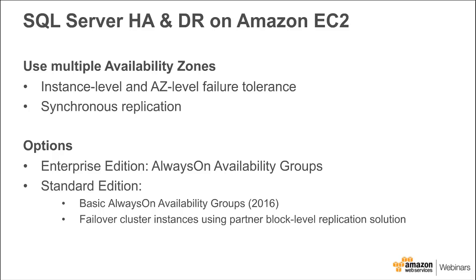You can implement failover cluster instances using a partner-provided block-level replication solution, since AWS does not support shared volumes natively. And for SQL Server 2016, you also have access to basic Always On availability groups, which would provide you essentially with a passive secondary and comes with a few other limitations.